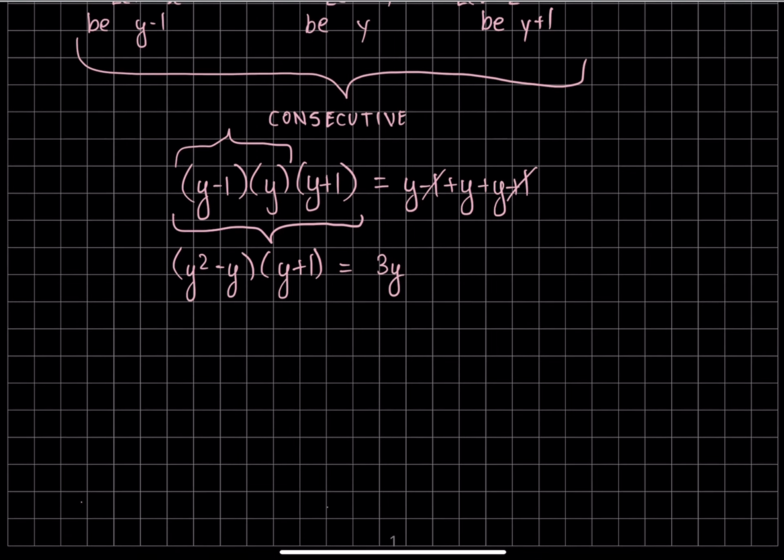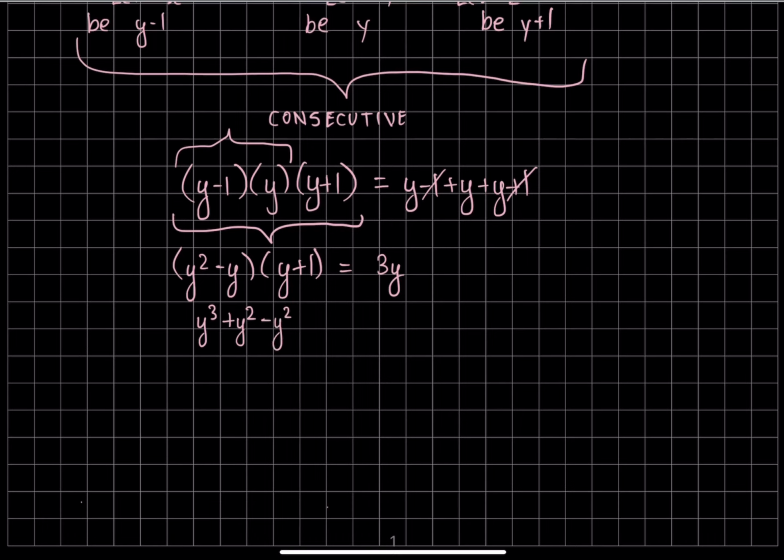Now let's simplify the left-hand side of our equation. y squared times y is y cubed. y squared times 1 gives us y squared. Negative y times y gives us negative y squared.